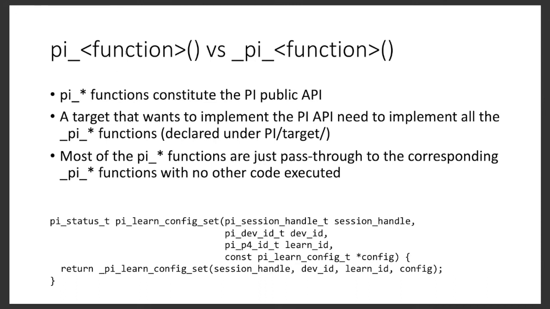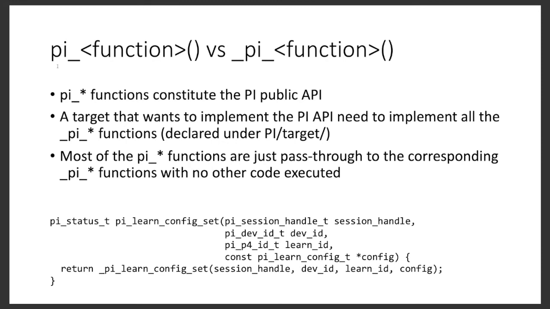potentially there would be some shared code logic, which is not target dependent, that you would want to implement in the PI_ functions before you call the _PI functions, or some transformations or some sanity checks or things like this. And also, I think another historical reason was to support dynamic loading of drivers at that layer.